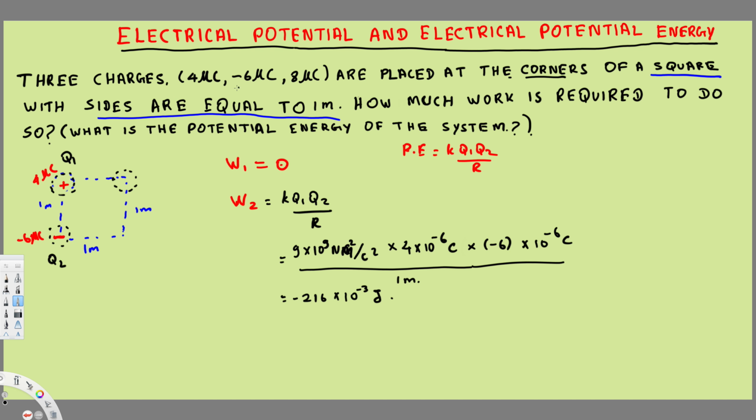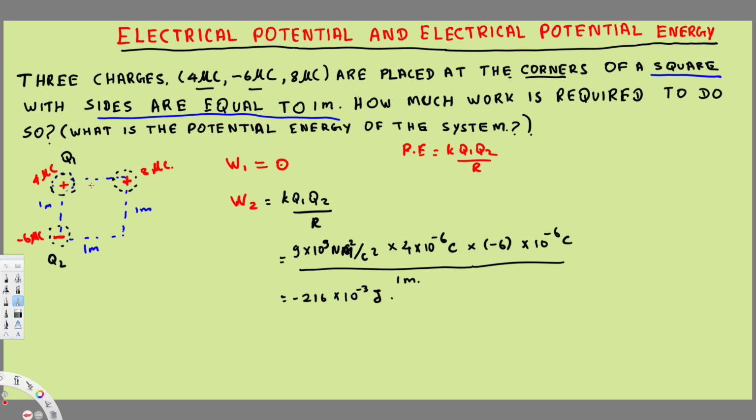So we have one more charge right here. We place these two, and we have one more charge right here, so let's place that one. This is a plus charge, 8 microcoulomb. If I place this one right here, this is going to be affected by these two charges.